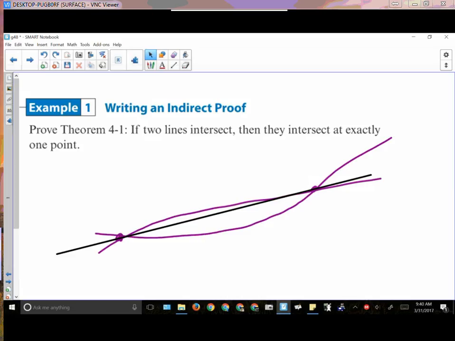Do they meet? Latitude doesn't meet. Longitude, don't they meet at the poles? They're lines, but they meet.